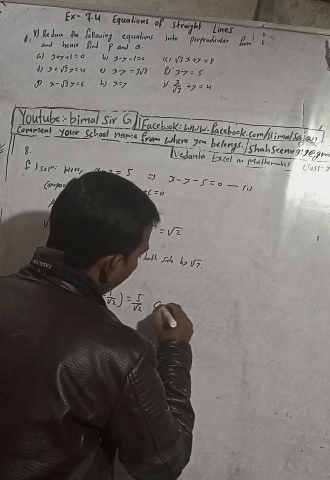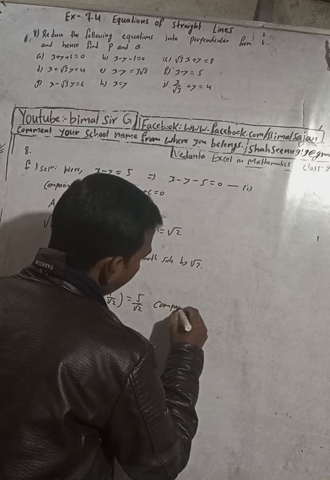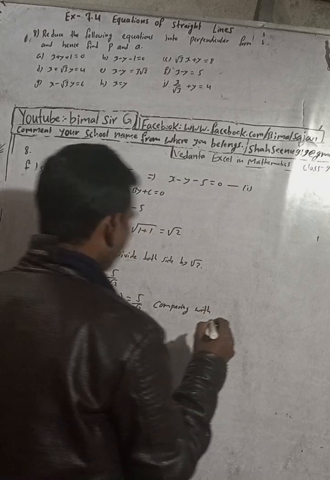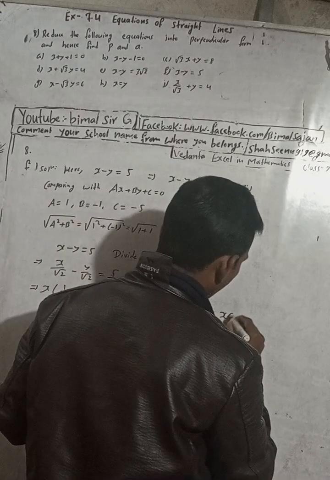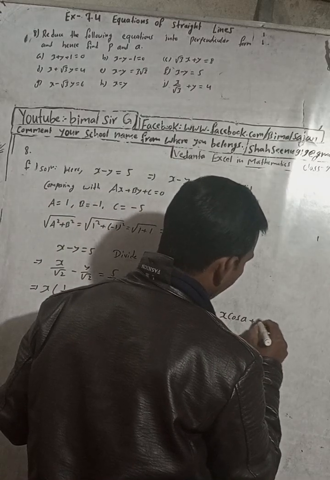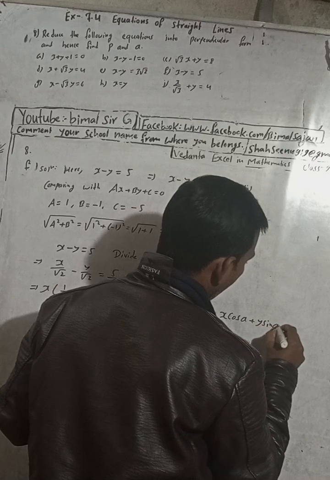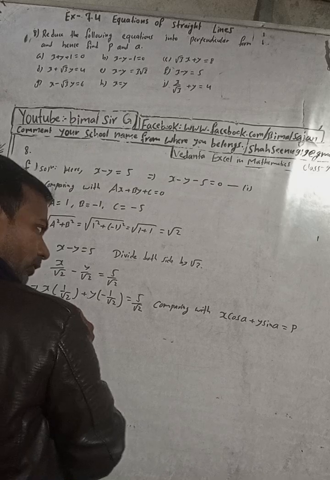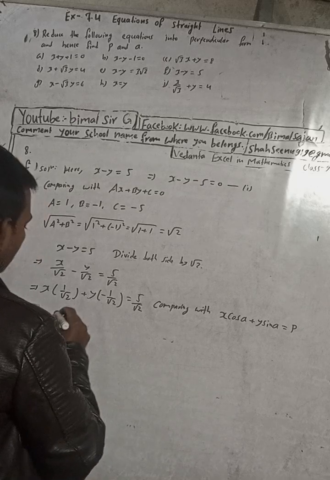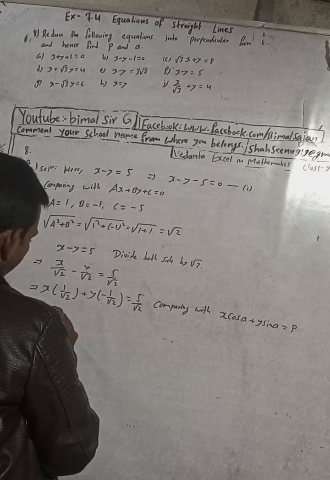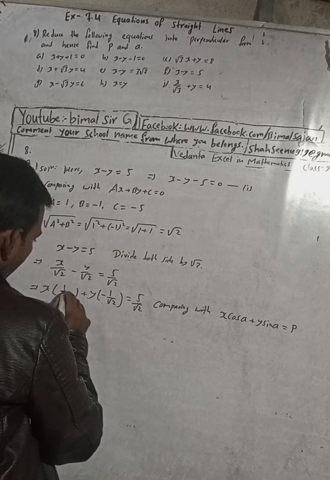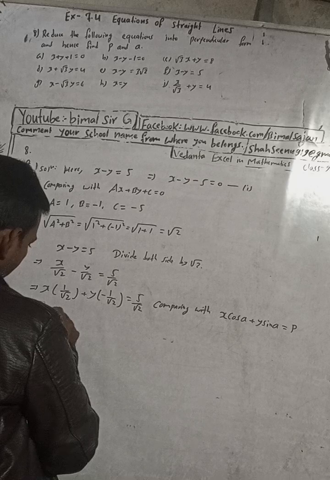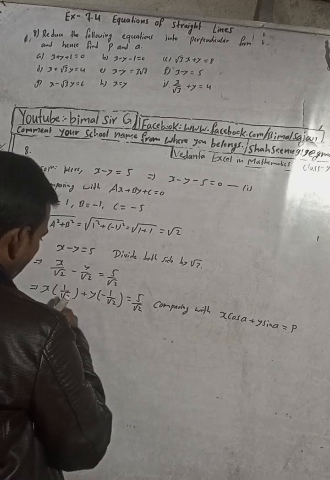Now comparing with x cos alpha plus y sin alpha is equal to p, what is your cos alpha?